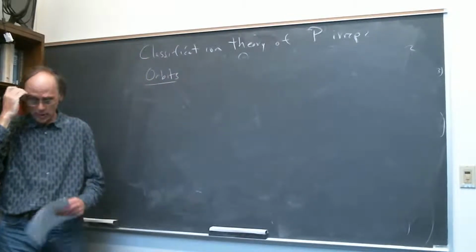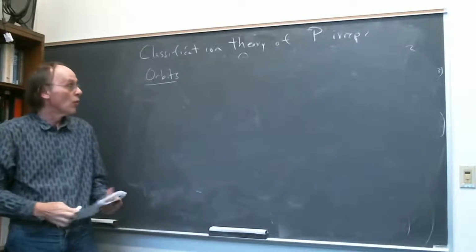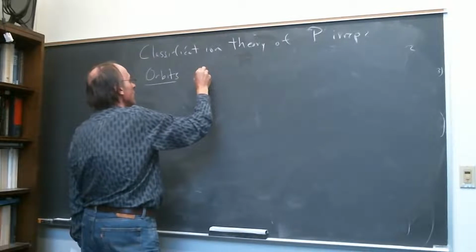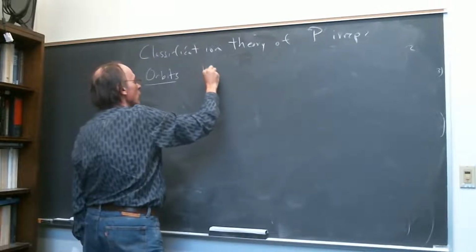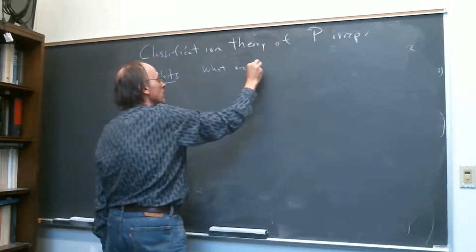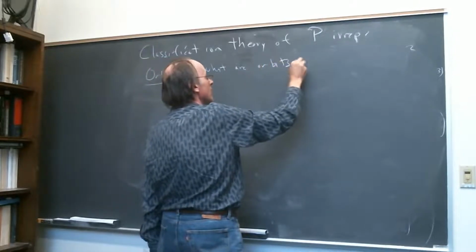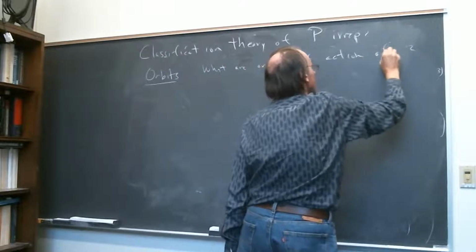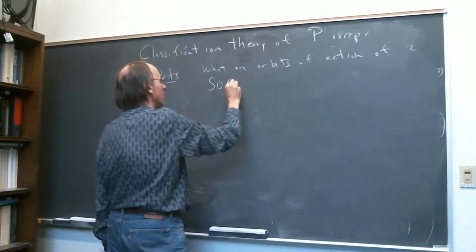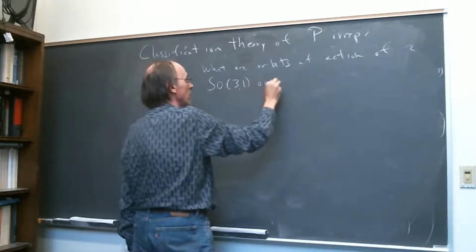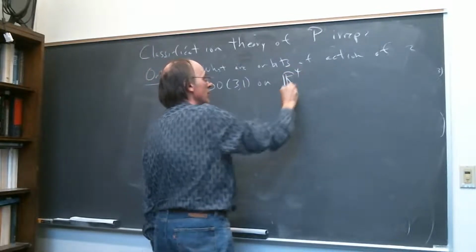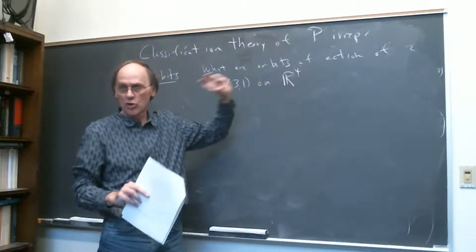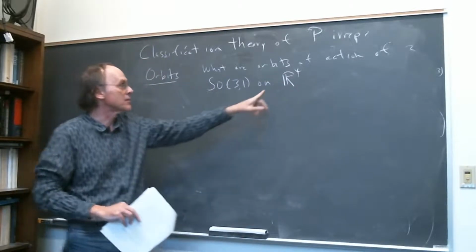Okay, so if you want to understand what the orbits of the action of SO3 on R4 are... I mean, there's a dual, and in some sense this is the space of characters is the dual, but that doesn't really matter.